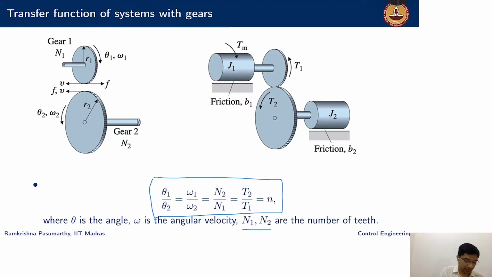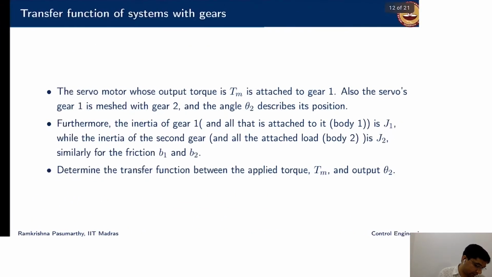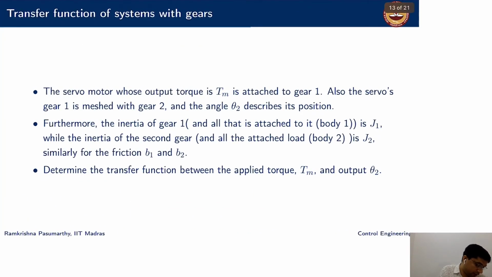Okay, so with some gear ratio N, I assume here that the gear ratio N1 by N2 is equal to N. So I have a servo motor whose output torque is Tm, which is attached to gear one, and also this gear one is meshed to gear two, and the angle theta two describes its position.